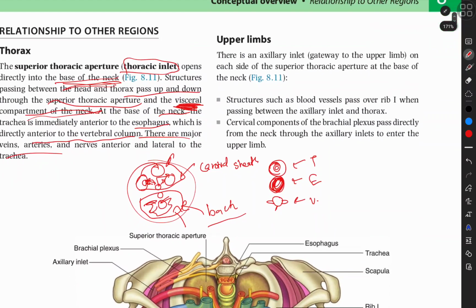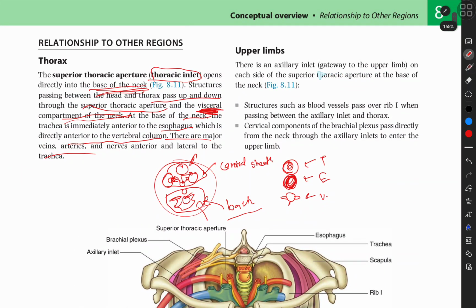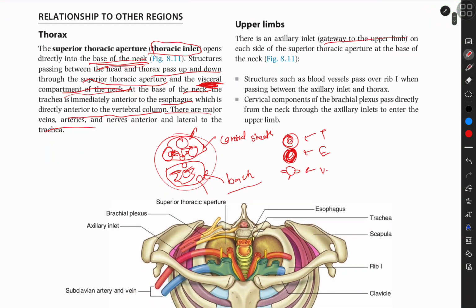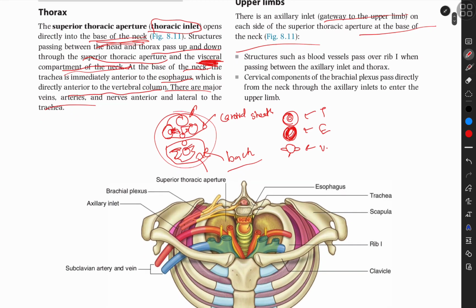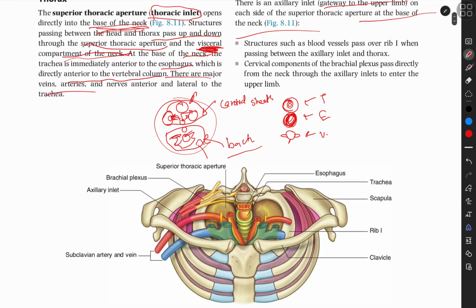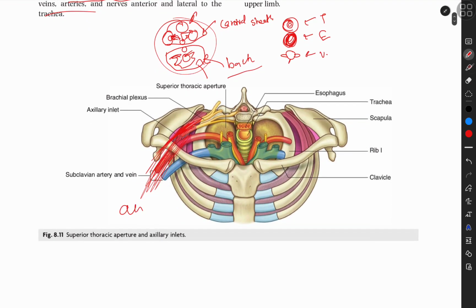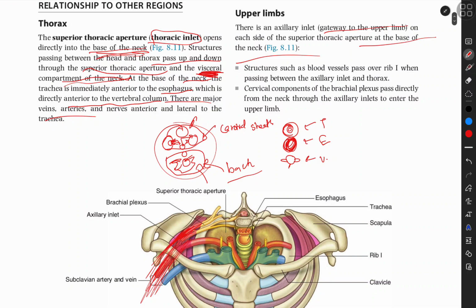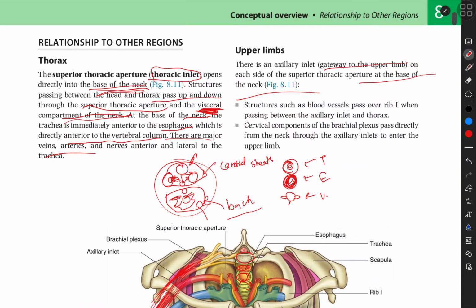There is an axillary inlet gateway to the upper limb on each side of the superior thoracic aperture at the base of the neck. Axillary inlet here, and all of this is going to the arm. Vertebral body, esophagus, trachea, and these vessels are anterolateral to the trachea.